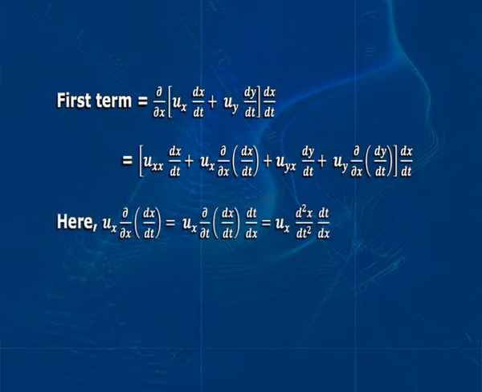Here ux del over del x of dx by dt is equal to ux del over del t of dx by dt times dt by dx, which is equal to ux d square x over dt square into dt by dx, and uy del over del x of dy by dt is equal to 0.